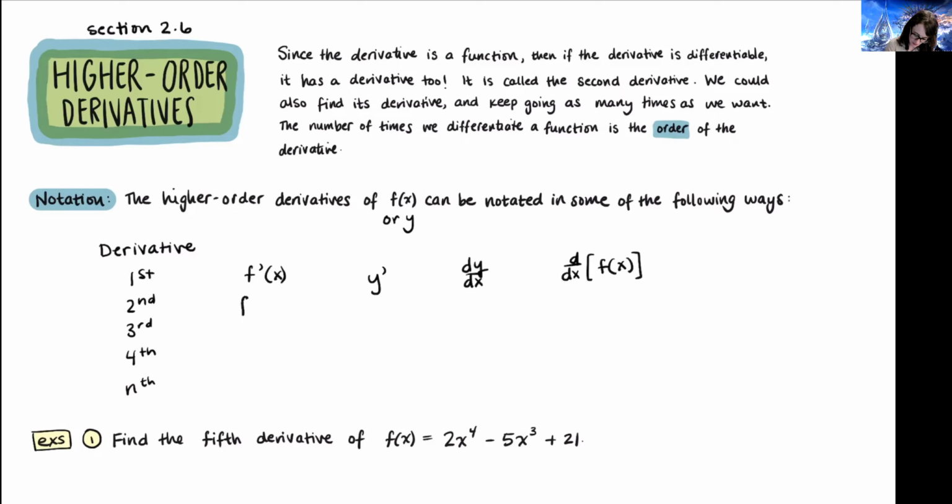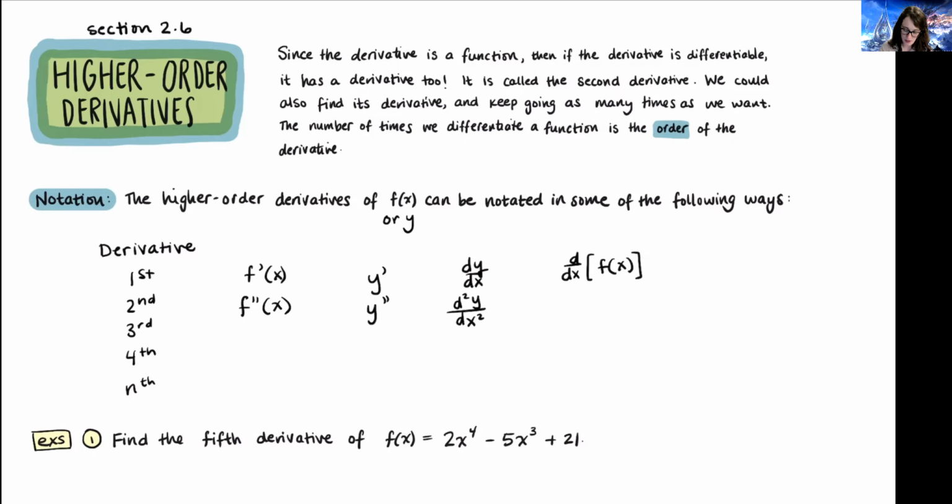So the second derivative, we'd say f prime prime, or f double prime, or just the second derivative of f of x. Same thing for y notation. So we would write y prime prime or y double prime. The dy dx notation gets a little bit different. We write d with a square on it, y, and then dx with a square.